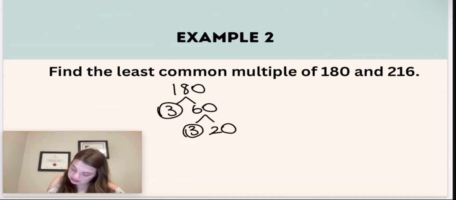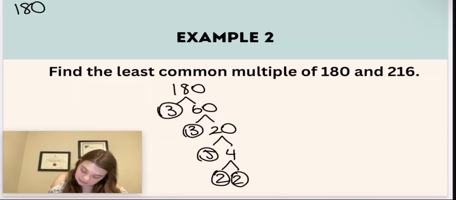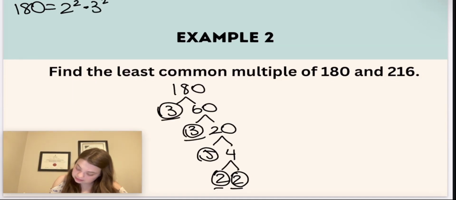And then 20 is 4 times 5, and 5 is prime, and 4 is 2 times 2. So therefore, 180 is equal to 2 squared, because there's two 2's, times 3 squared, because there's two 3's, and then times 5.